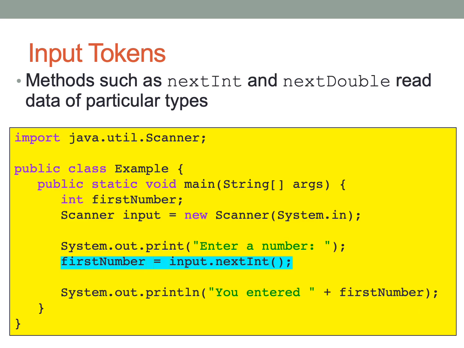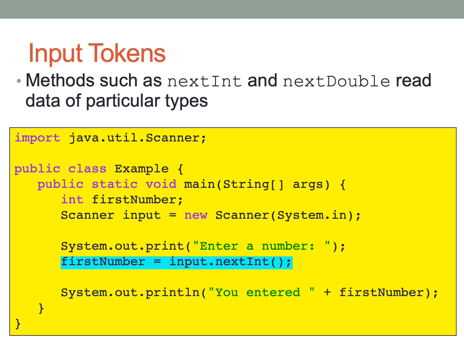When you use specific methods, such as nextInt or nextDouble, you need to be careful of the value that the user might input. Let's look at this code. It asks the user to enter a number. It uses nextInt to read the value entered on the keyboard and keep it in the variable called firstNumber. Over here, firstNumber is also of type int.